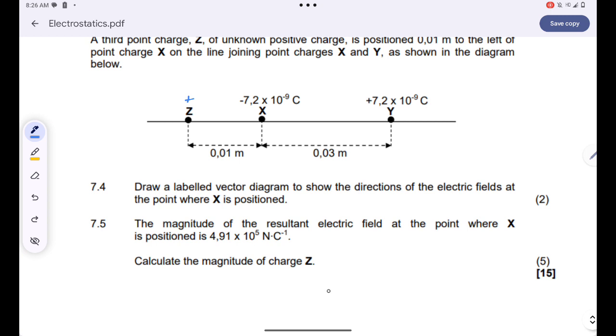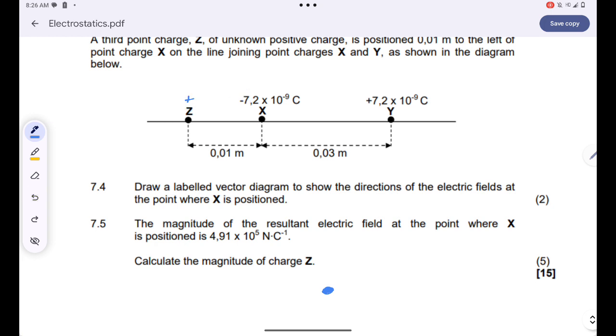I know that if this is Z over here, I want to see how Z is going to behave due to sphere X. Are you together? They both have different signs. This is positive, the other one is negative, so they'll definitely attract one another.